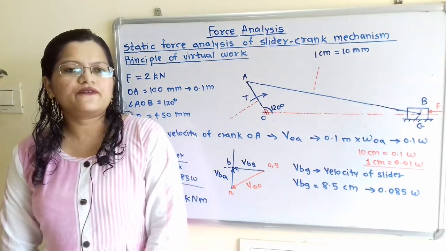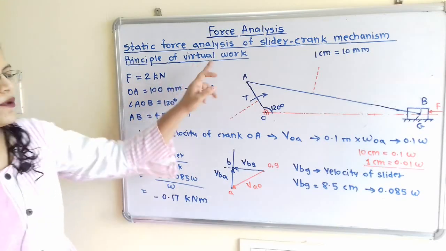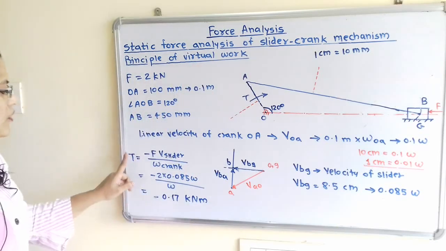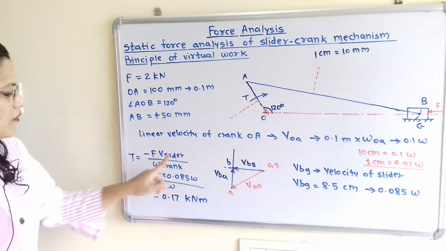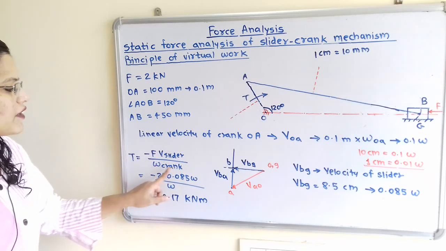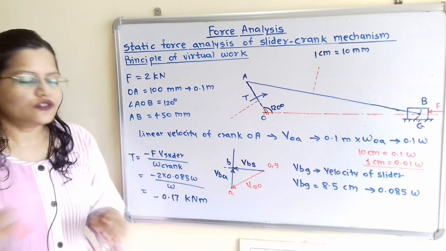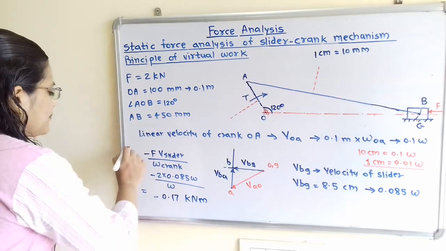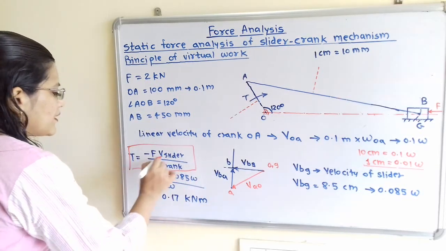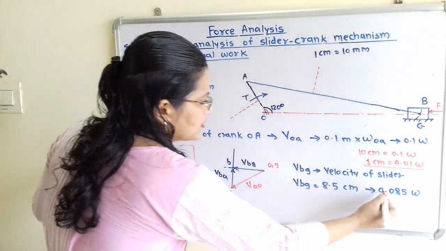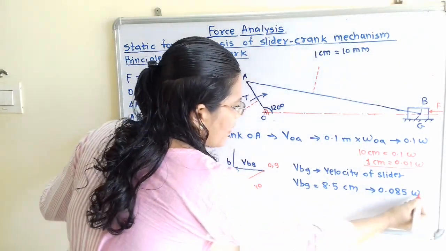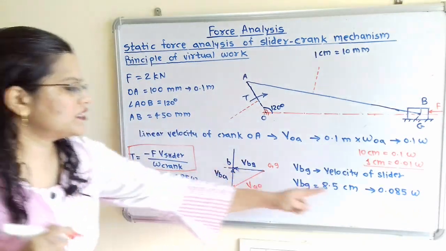Now we will apply the formula according to the principle of virtual work, and this formula is T is equal to minus F, linear velocity of slider, divided by angular velocity, that is omega crank. According to this formula, we know the velocity of the slider, that is VBG, equal to 0.085 omega, so we will put this value.